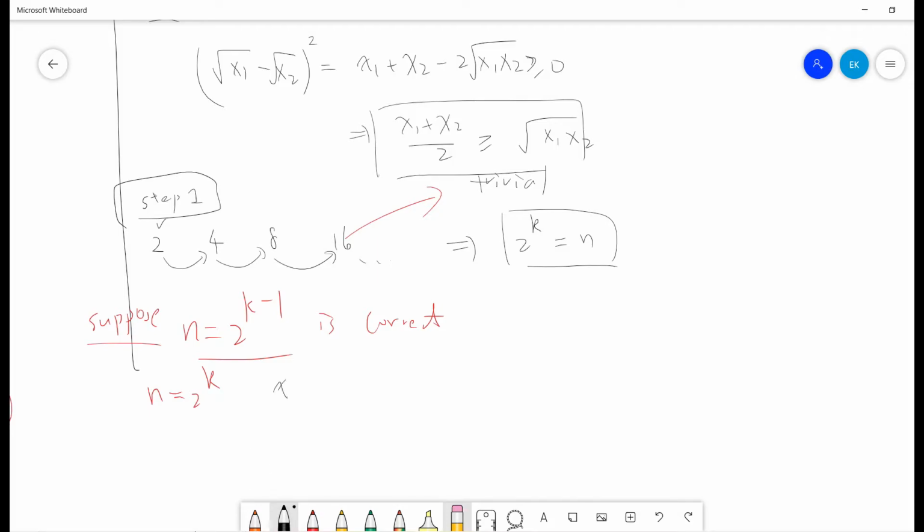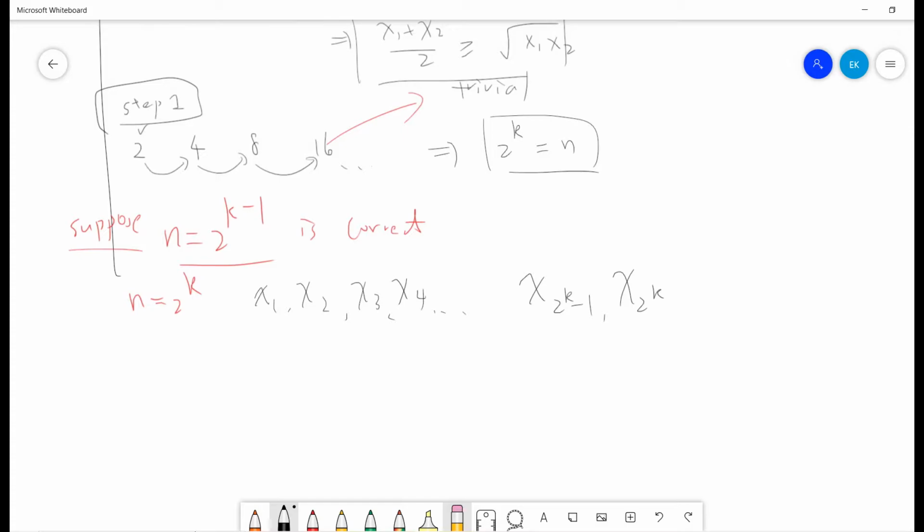So let's say you have x1, x2, x3, x4, right, up to x_{2^k - 1} and x_{2^k}. Let's say we sum all of it. But by n equals 2^(k-1) being correct, I can group them.